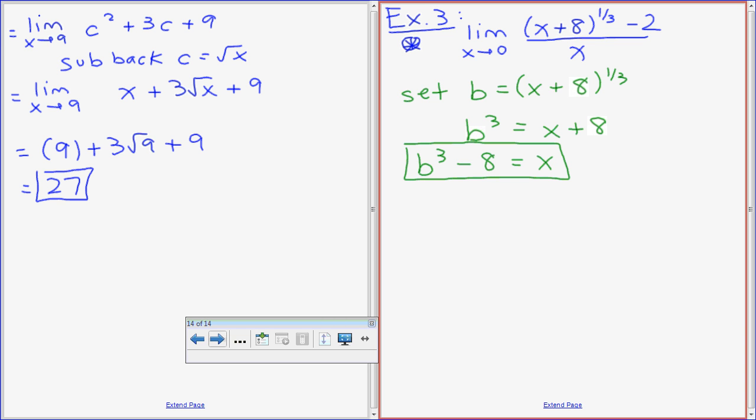Now I need someone to be tremendously confident, because we're going to substitute in this question. Can somebody be brave and give me what the new numerator is going to be? Bailey, go ahead. b minus 2. That was the easy one. Awesome, Bailey.